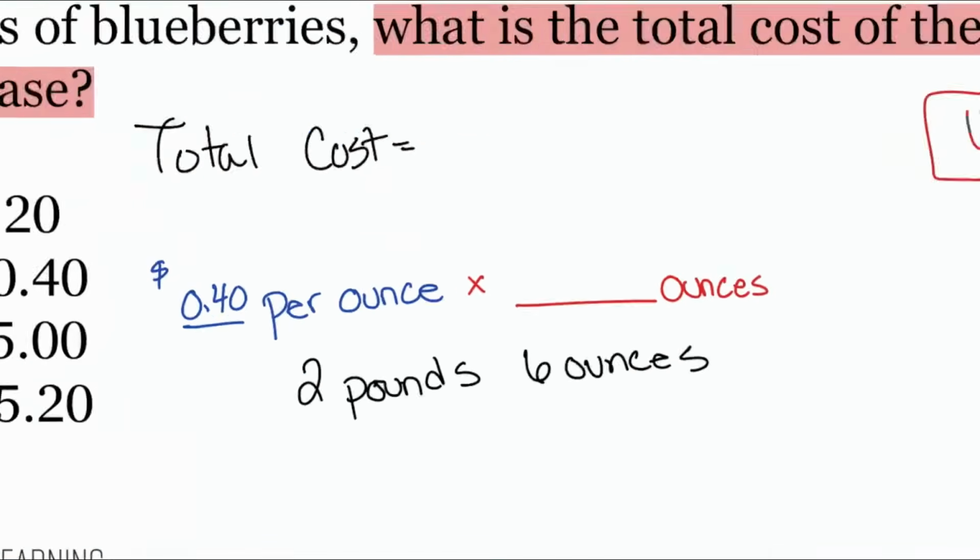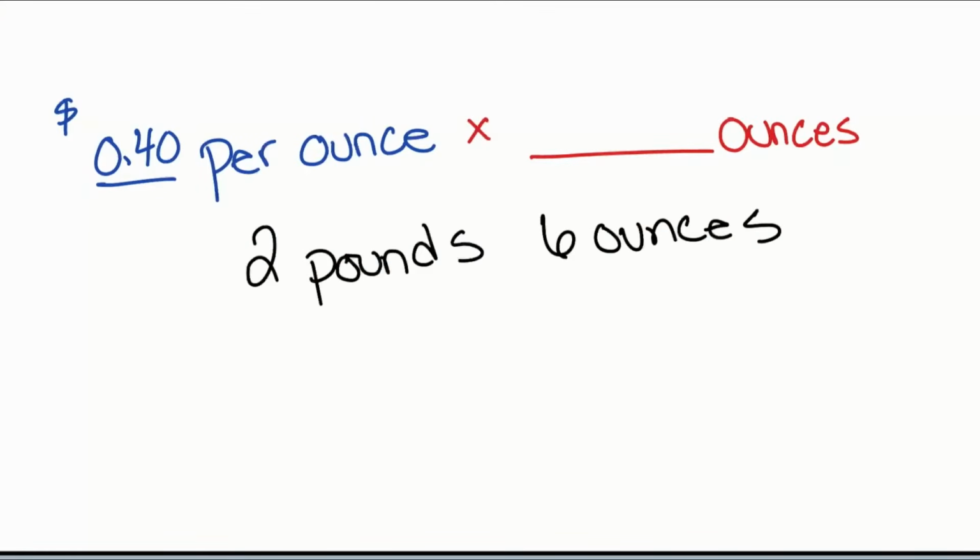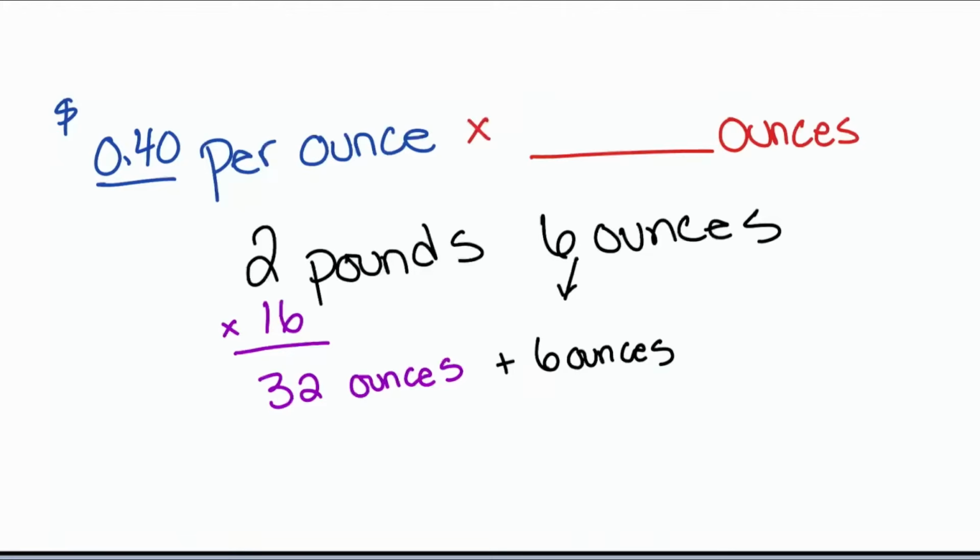16 ounces in every pound means that I'm going to multiply this by 16 right here. That's 32 ounces. But my party people, are we just going to take this 32, or what are we forgetting? Yeah, we're forgetting those 6 ounces that are already there. So we're going to add the 6 ounces, and that's going to get us that final conversion of 38 total ounces.